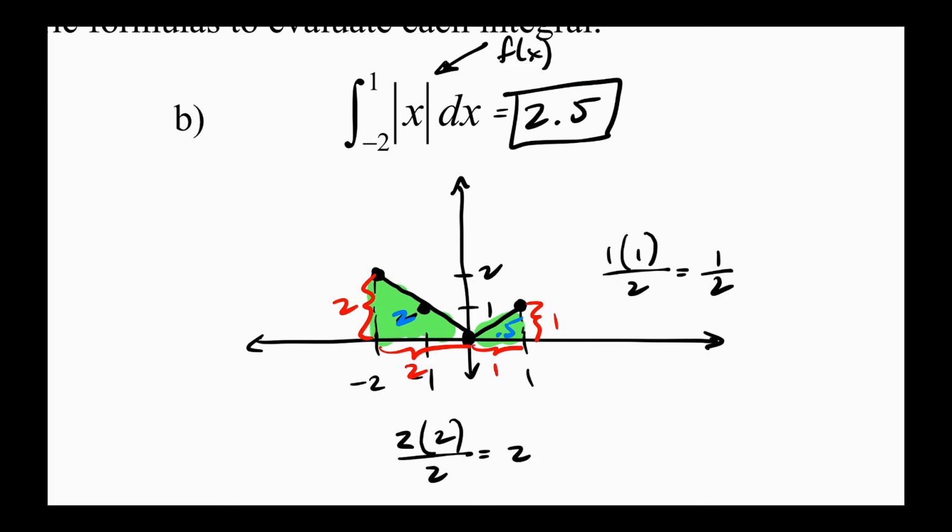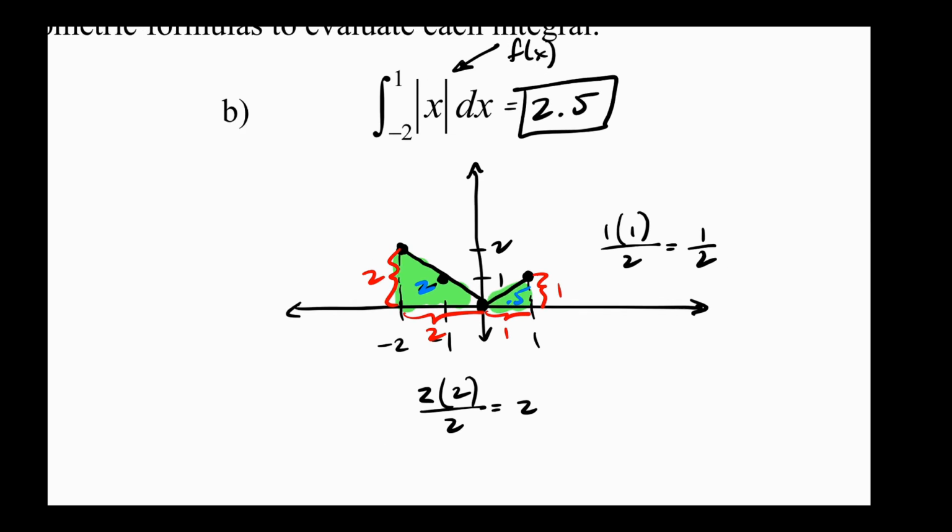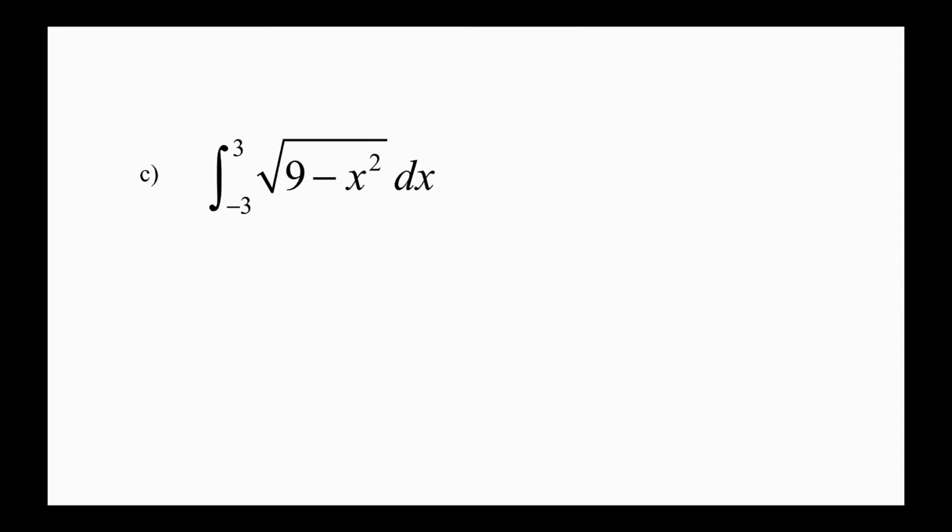So we didn't need to approximate. That's actually the area under that curve. Area under the curve for this guy is 2.5. It's not an approximation like we were doing last unit. It's an actual.